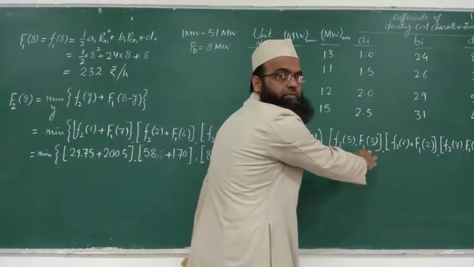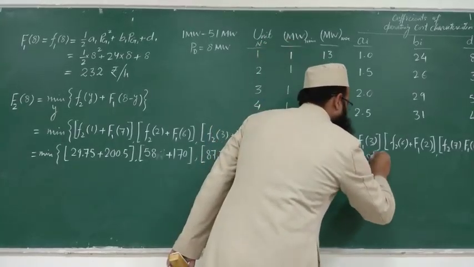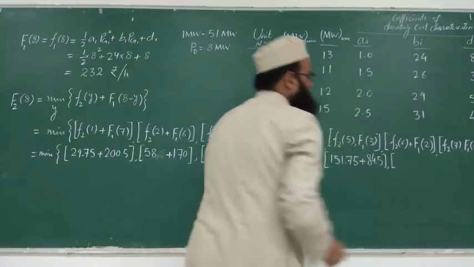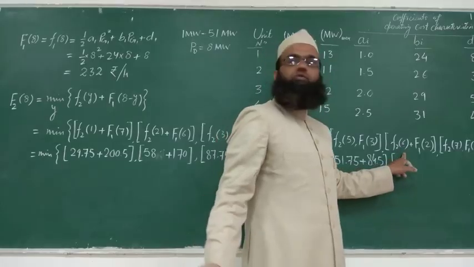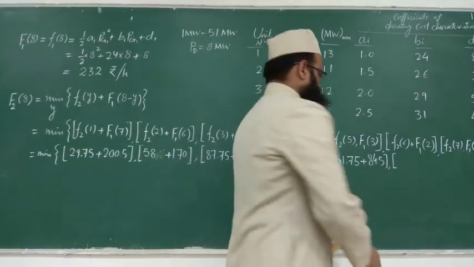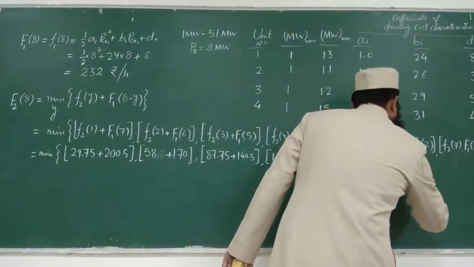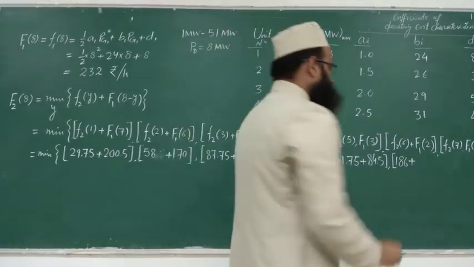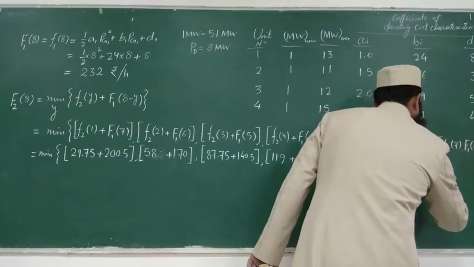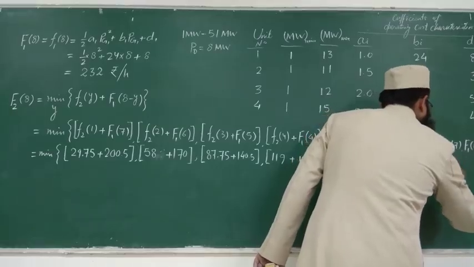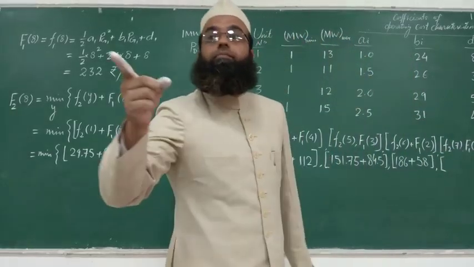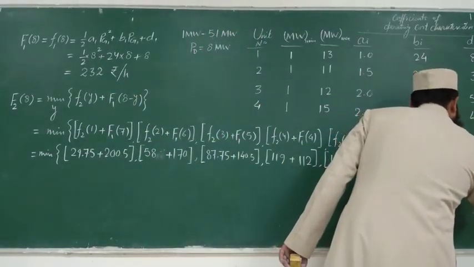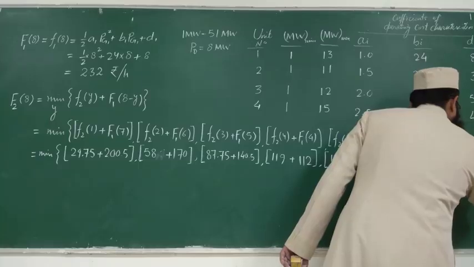This one F13, 84.5. Next one F26, generating 6 megawatt from second unit. 186.0. What about F12? 58. Okay, next. 221.75 and 32.5.